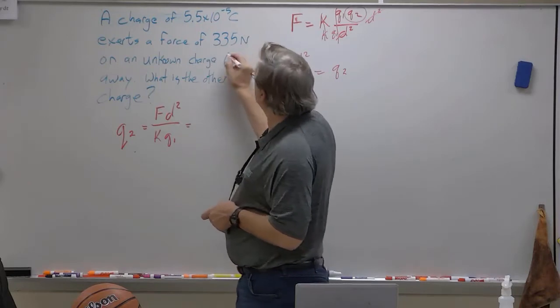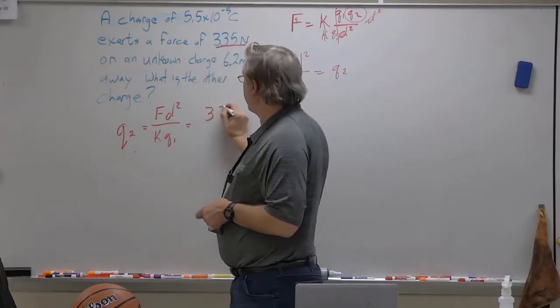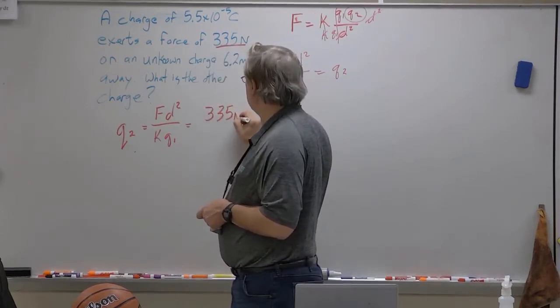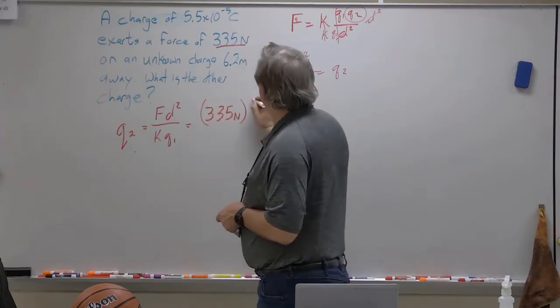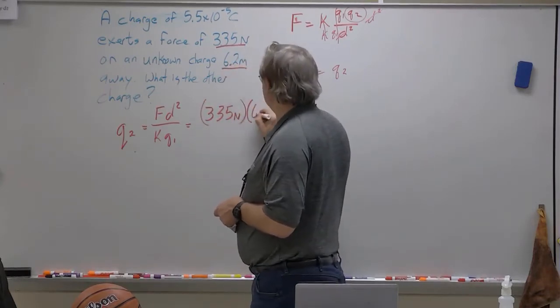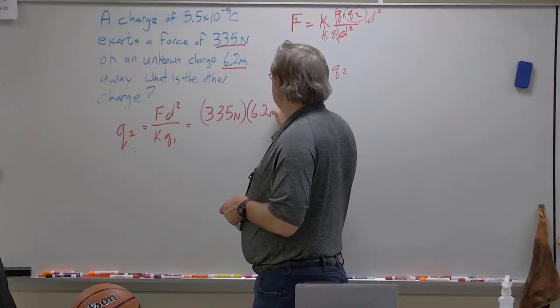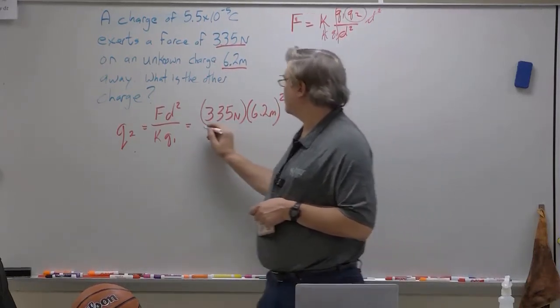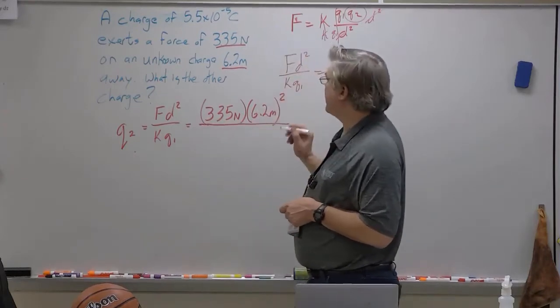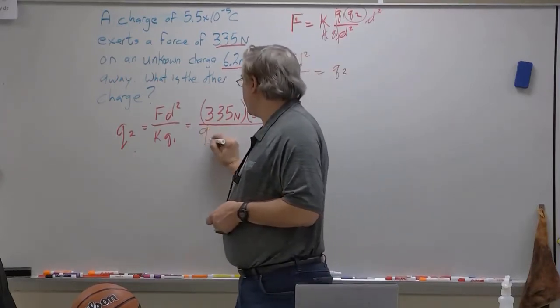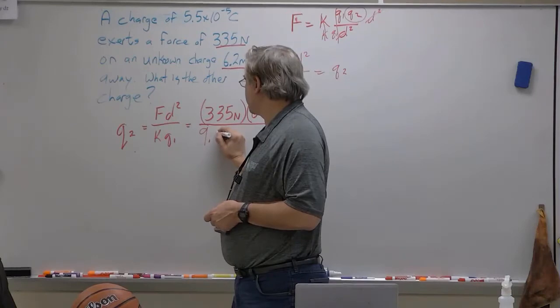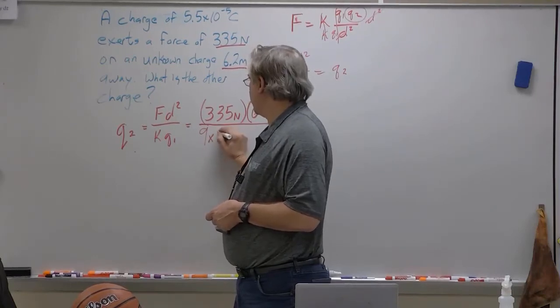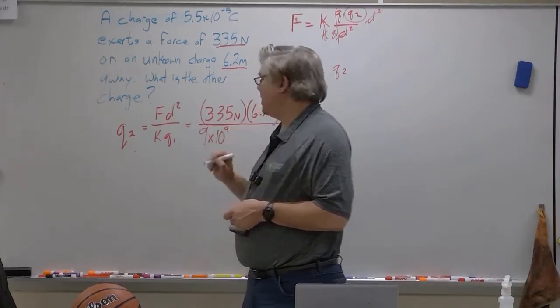So the force is 335 newtons. The distance is 6.2 meters, and don't forget to square that. And you're also going to be squaring the units there too. We're going to divide that by K, which is 8.99 times 10 to the ninth. We'll just call that 9 times 10 to the ninth, and you should always do that.